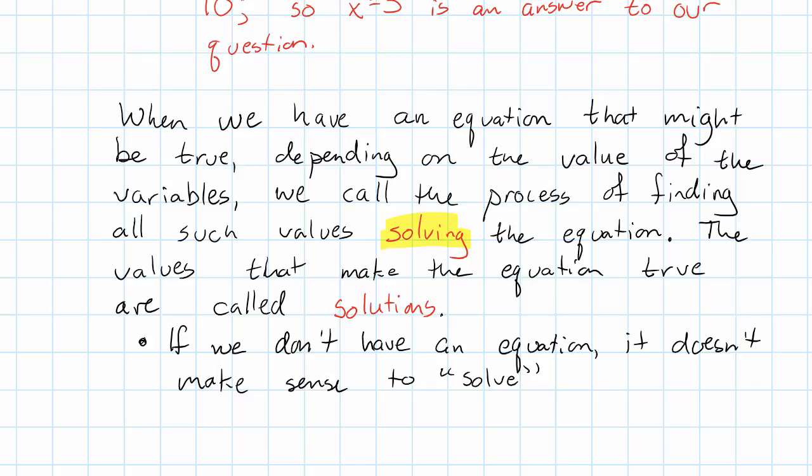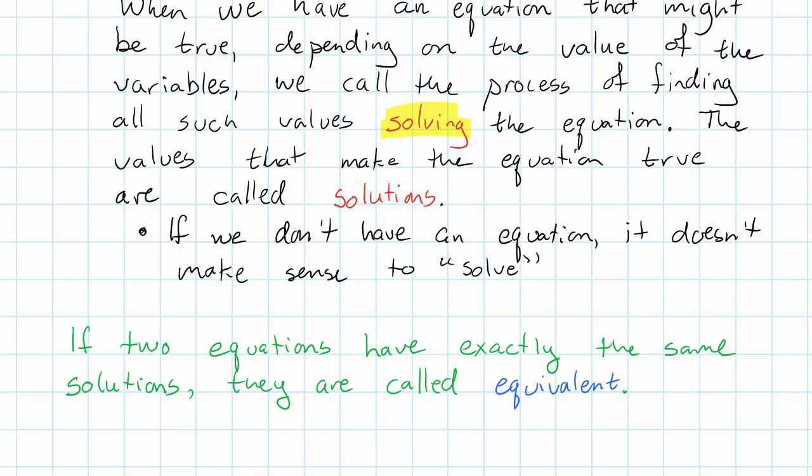Similarly, when we have an equation, we can simplify the expressions on either side, but we cannot simplify the equation itself. Now, if two equations have exactly the same solutions, that means if I give you values of the variable, either they're both true or they're both false, then we say that those equations are equivalent.